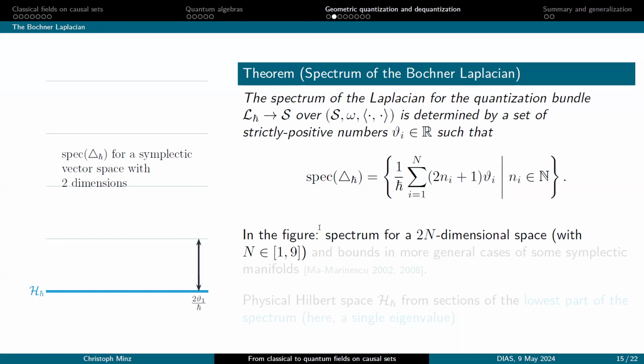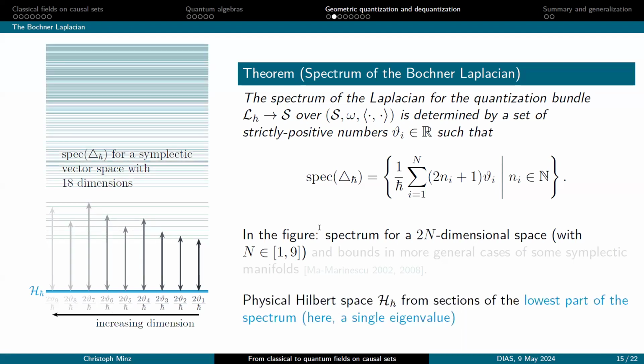But if you have a higher dimensional setting, then you get more and more levels here, but you always have the spectral gap between the lowest value and all the other levels. In that way, you can identify your Hilbert space from the sections that belong to the lowest part of this spectrum.